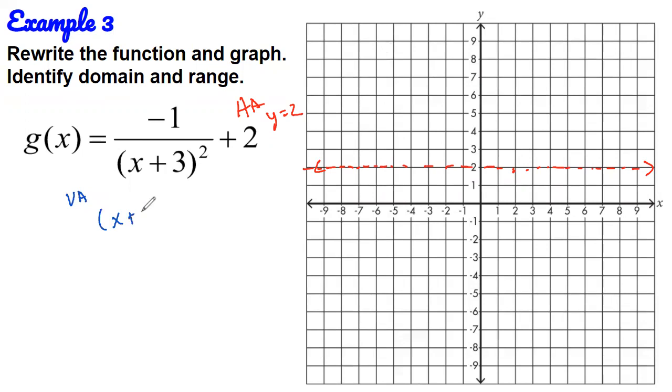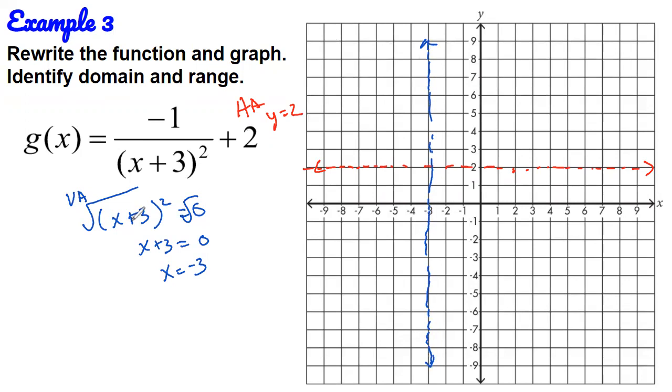I have x plus 3 squared equals 0. Square root both sides, and I have x plus 3 equals 0, which gives x equals negative 3. So which two values did you pick for your table?